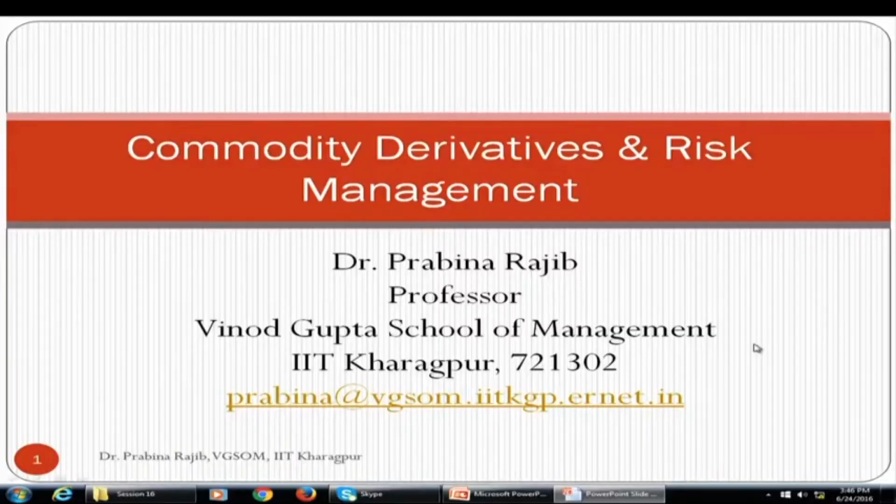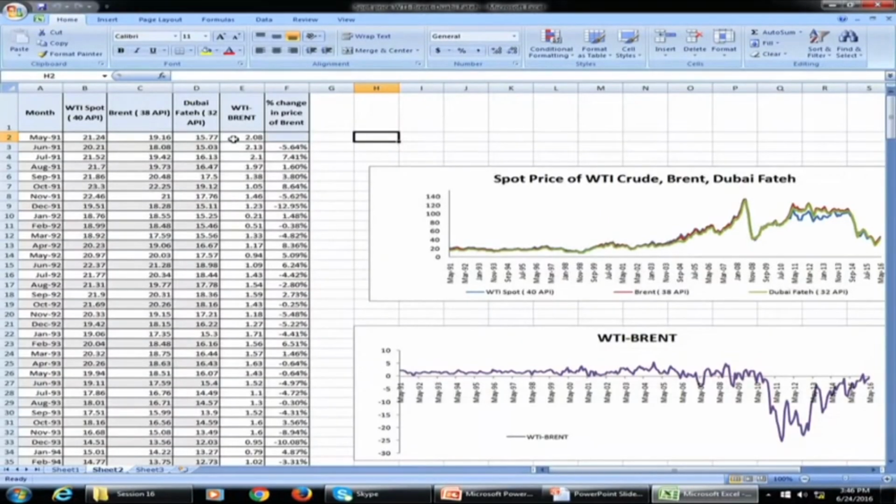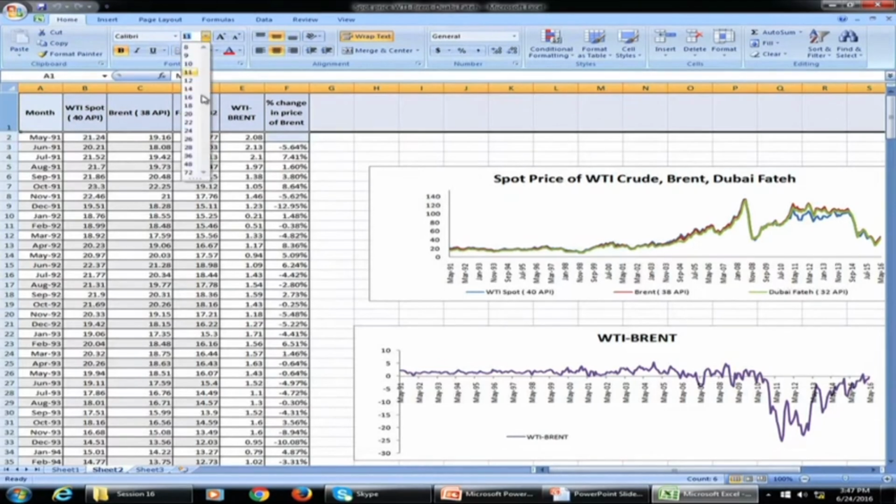So today let's start with understanding what influences the crude price, but before that let's analyze how crude prices have moved in the last 10-12 years. Okay, now to start with, I'll take you through this particular Excel file. Let me make it a little bigger.